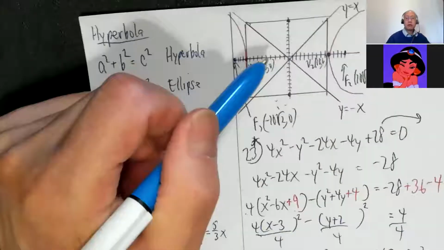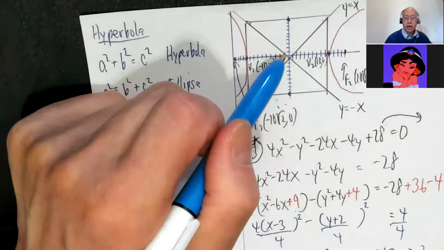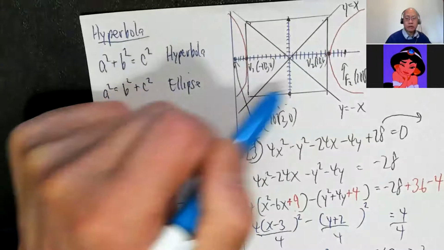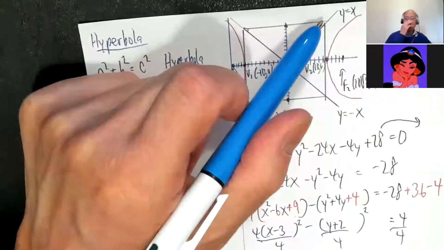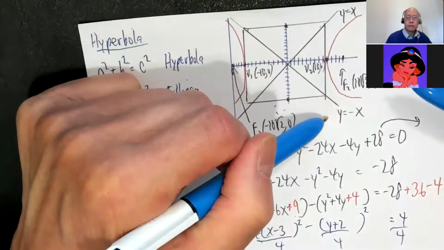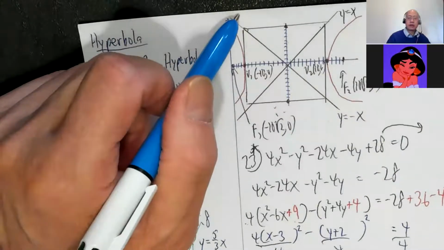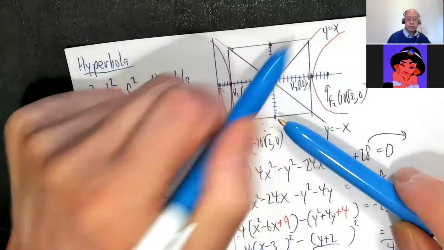All right, so my box is going to be a square, center at the origin. I go 10 left and right, 10 up and down. Draw myself a box. Draw the diagonals, which are clearly y equals x and y equals negative x. Now, if the y were positive, it came first, and x is negative, just like the previous problem, I would take these 2 points and just curve it toward the asymptotes.